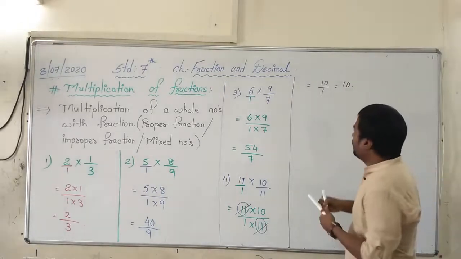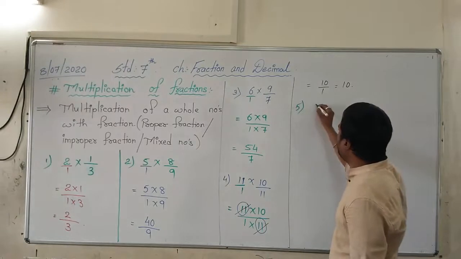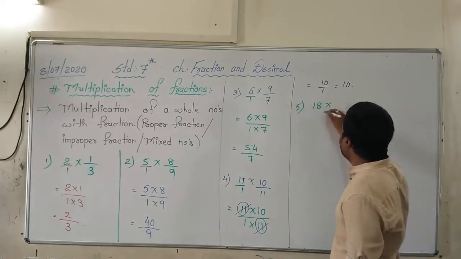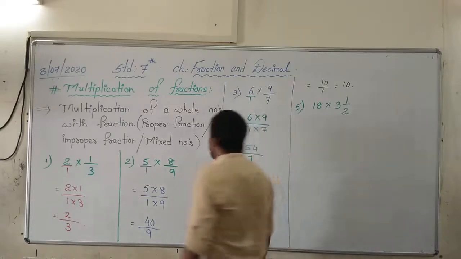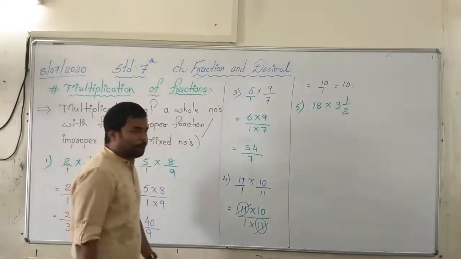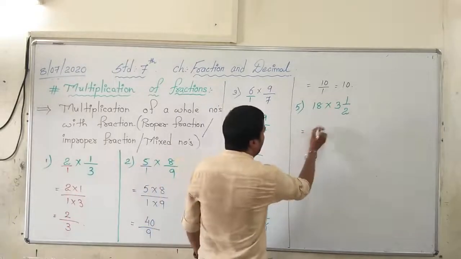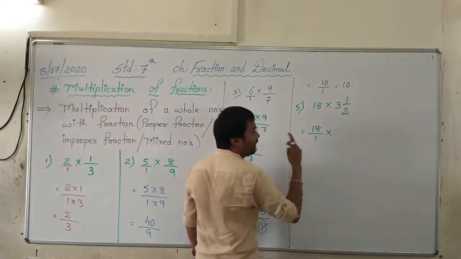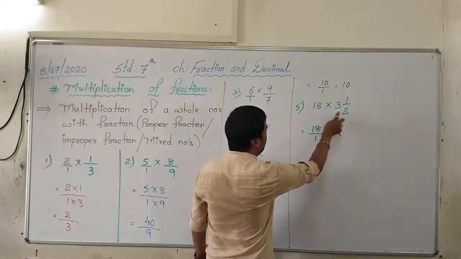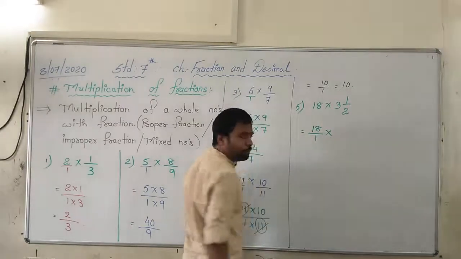Right? So next example, we are going to multiply a whole number by a mixed fraction. 9 multiplied by 3 integer 1 upon 2. This is nothing but 9 upon 1 multiplied by the mixed fraction. Try to convert this mixed fraction into an improper fraction.